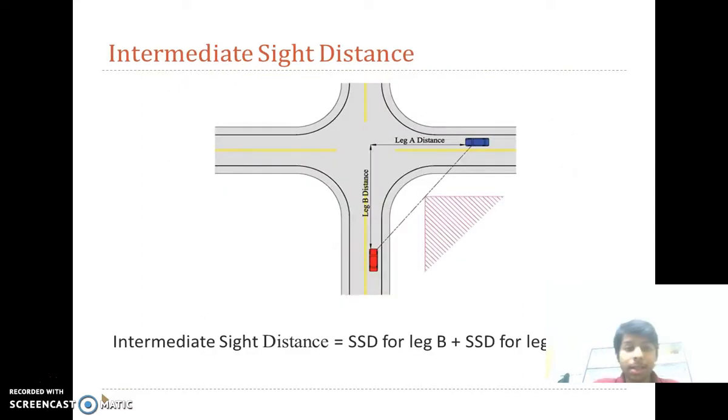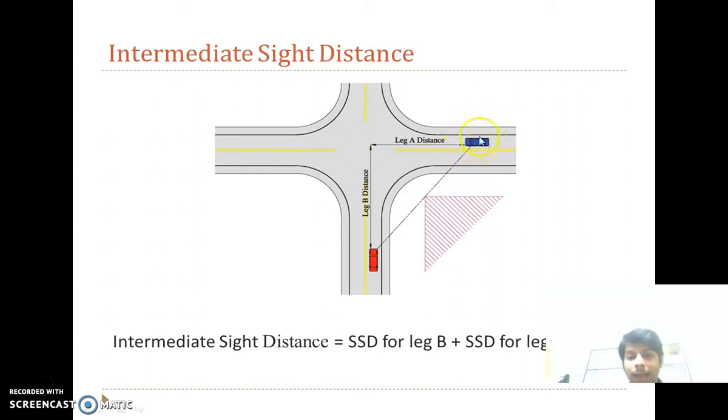Now let's come to the last sight distance, which is intermediate sight distance. Now friends, suppose you are going to a junction. You find that there is another vehicle coming from another leg, and this is your vehicle. You see this vehicle, so what do you do? You just apply the brake, and before reaching this point, you have to stop. Otherwise, your vehicle will collide with this vehicle.